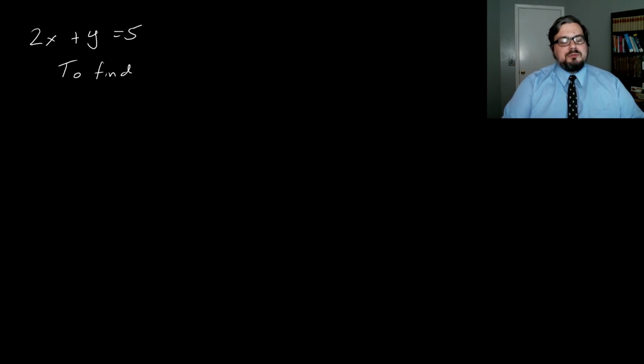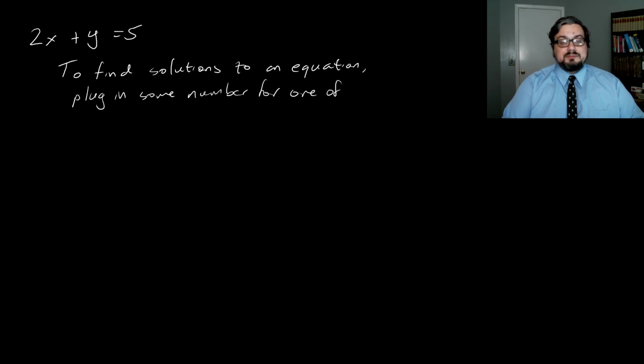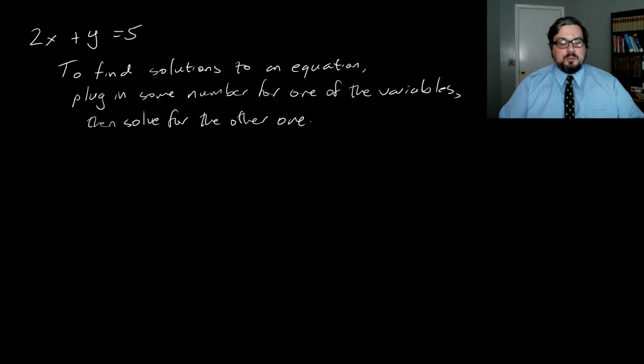In general, to find solutions to an equation, what we can do is just plug in some number for one of the variables, then solve for the other one. Let's see how this works.